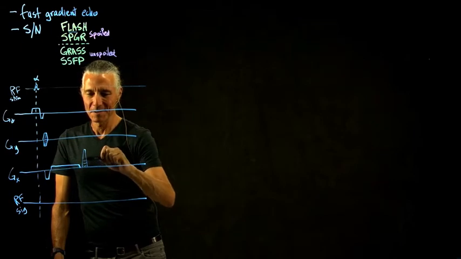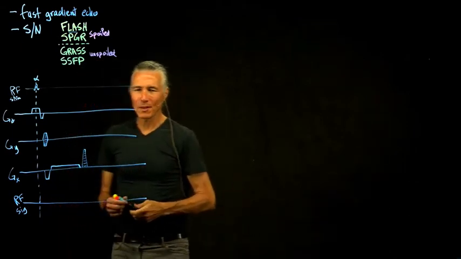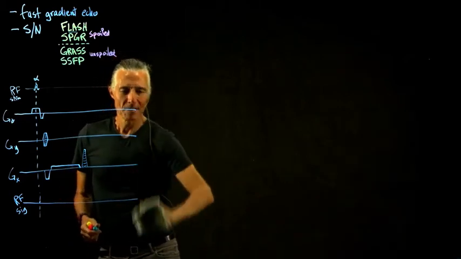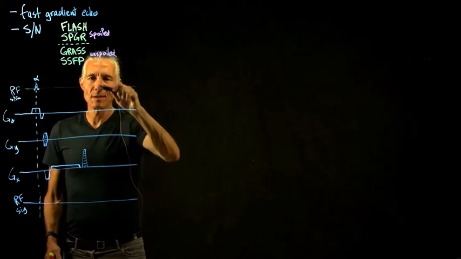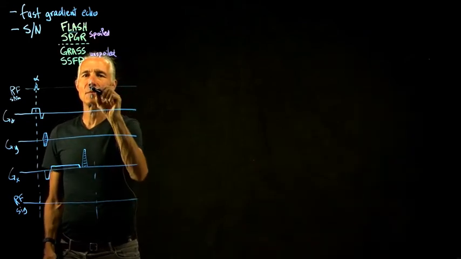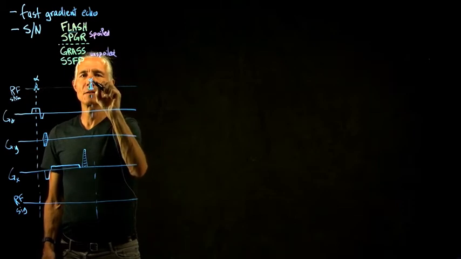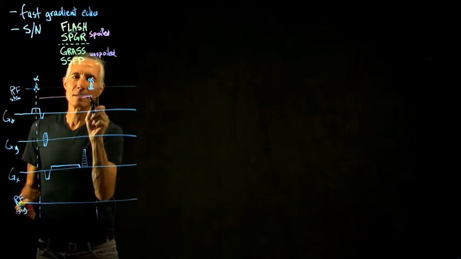So what's the spoiler? Let's go until we hit the next alpha pulse. So here's another alpha pulse, and that means this is the TR.